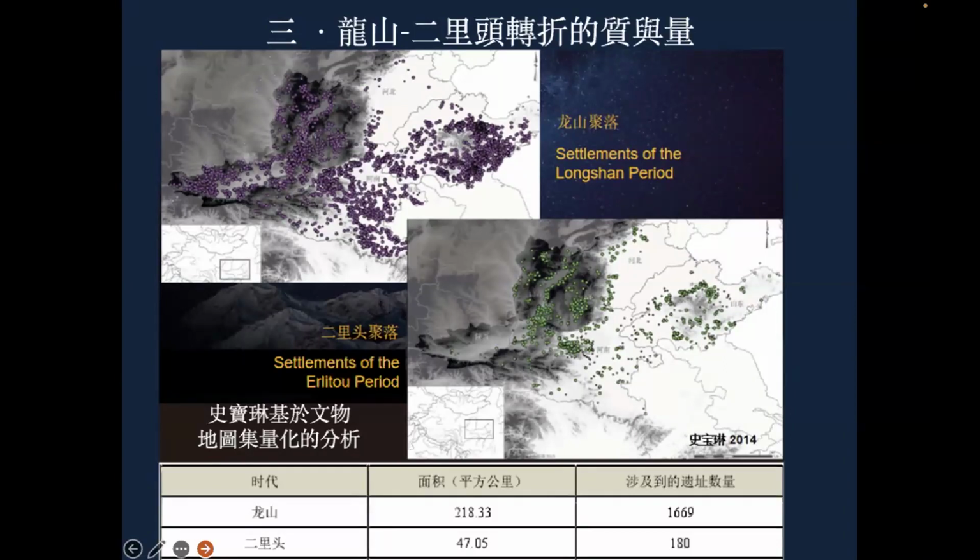It is based on the national survey data, where you see this massive decline of sites, both in numbers and in scope, in scale, in the Central Plains, okay, from the Longshan period to the Archaeological period. And you see a big gap here, but this gap is not a real gap, okay? This is the gap in archaeological data. And as you know, these national atlas, national surveys are done across national regional boundaries. So the data is not consistent.